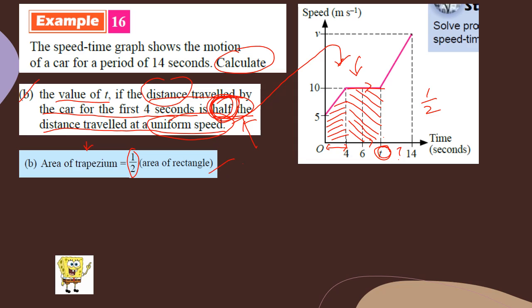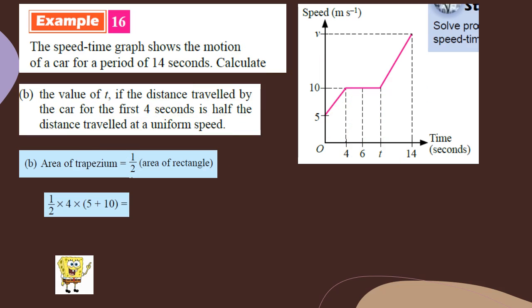So let's put it inside the formula. For the trapezium, you use this formula: 4 times the parallel lines, 5 and 10.